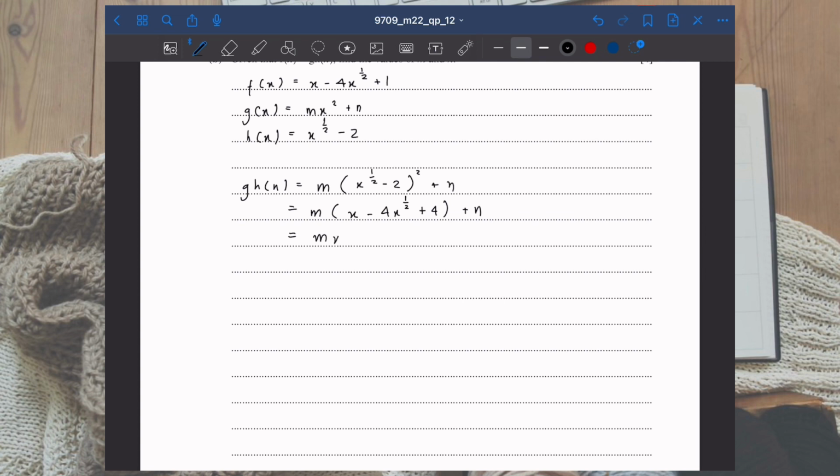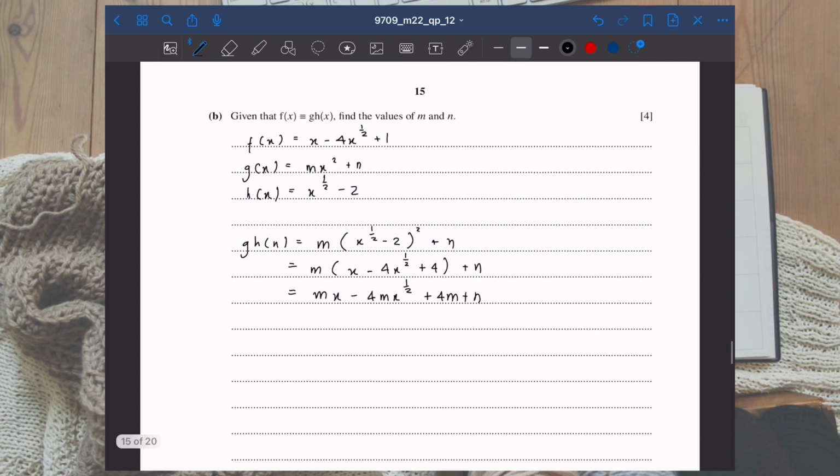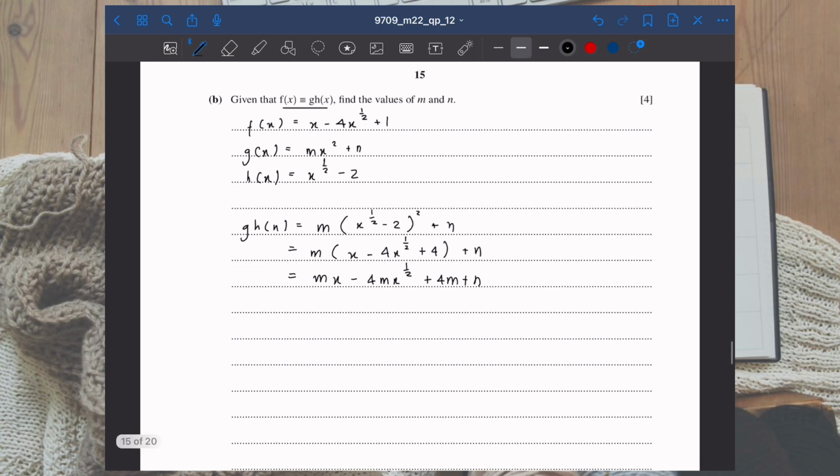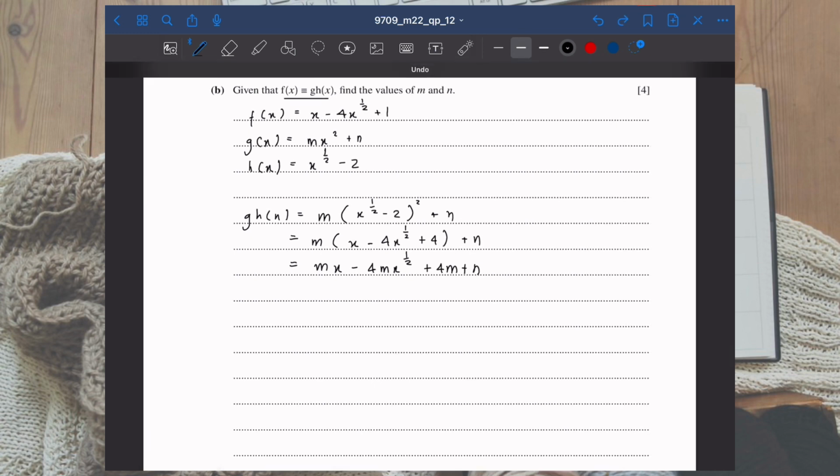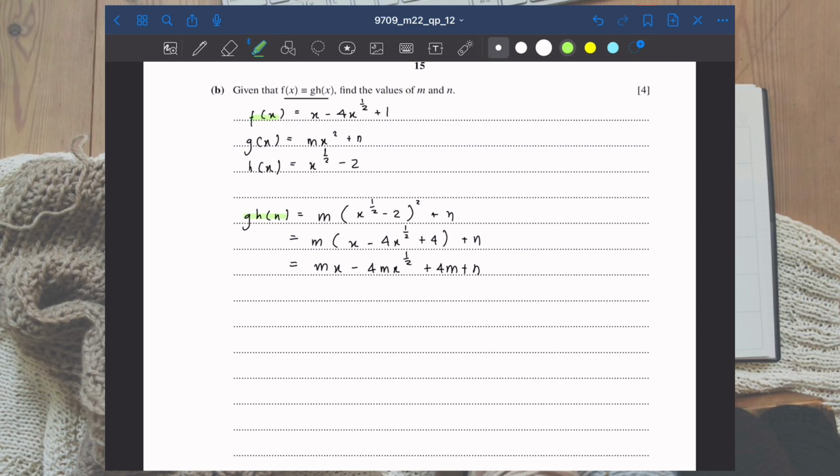So it gives you mx minus 4mx power half plus 4m plus n. So the question says that f of x is the same as gh of x. So you'll just do a comparison between gh of x and f of x.